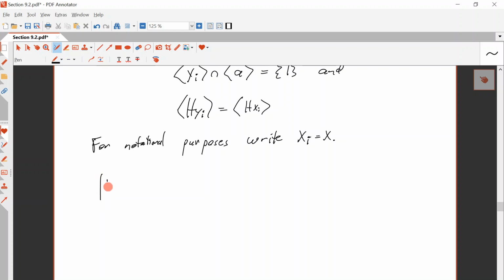Okay, the order of hx in G mod H divides the order of G mod H, which was equal to p to the something. What was it? N plus 1 minus k. Yeah, p to the n plus 1 minus k.